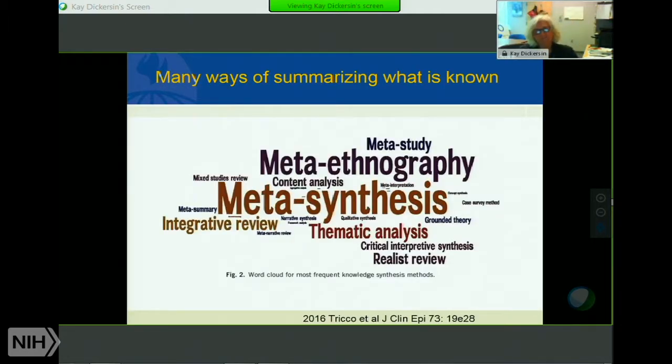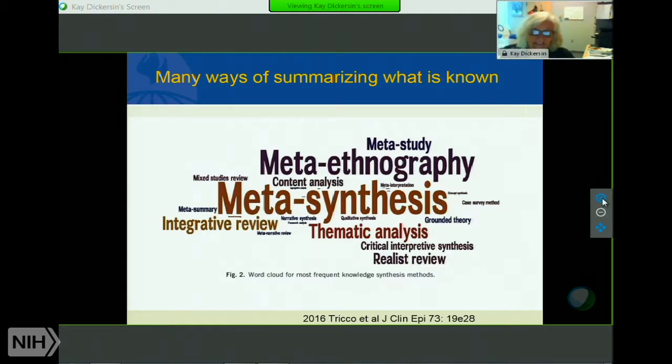So there have been some studies that looked at different ways of synthesizing and summarizing what is known, and this article by Andrea Trico this year, she did a word cloud of the most frequent methods that are used out there. For example, a meta-ethnography and a meta-synthesis. And many of these that are used a lot, you'll see in the nursing literature.